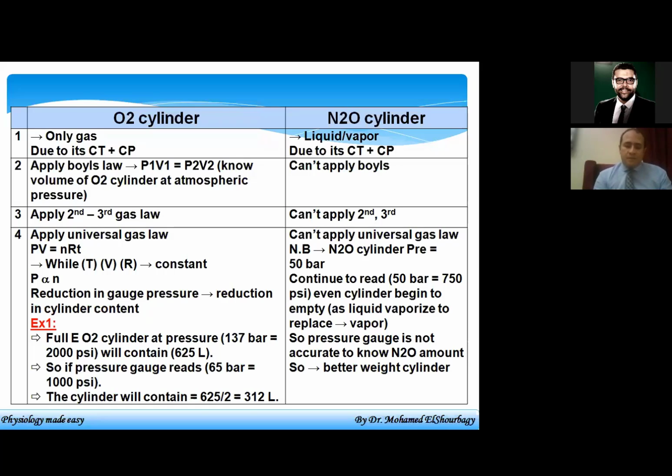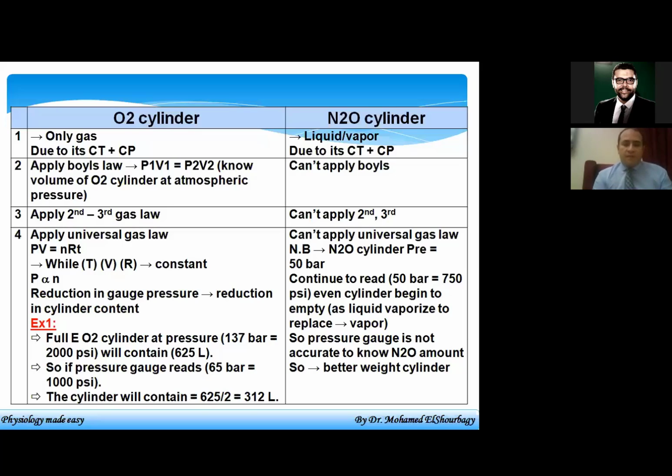on cylinders. At first, the oxygen cylinder contains only gas at room temperature, due to its critical temperature and critical pressure. At room temperature, 20 degrees centigrade, it is above the oxygen critical temperature, which equals minus 120 degrees centigrade. So surely it will be gaseous.